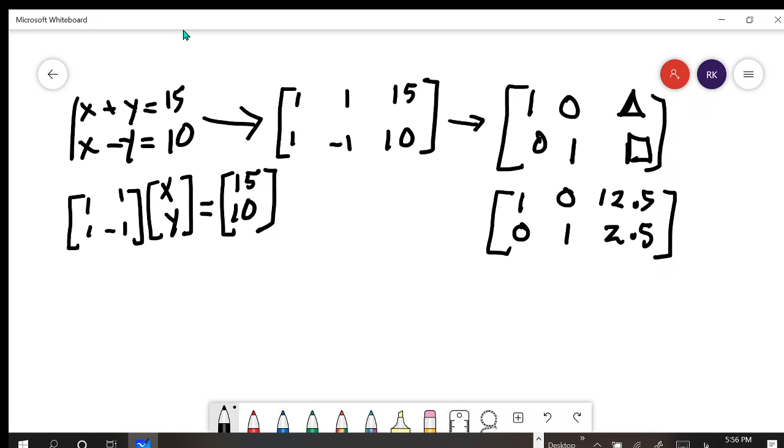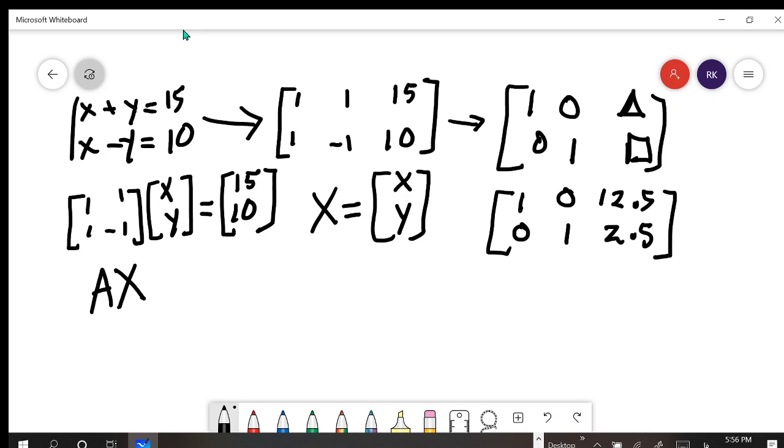And so this is like A times, let's say capital X, because we can name a matrix capital X. So this is A times X equals, let's make this B, matrix B. That's the matrix B right here, this right here is A, and this right here is X.